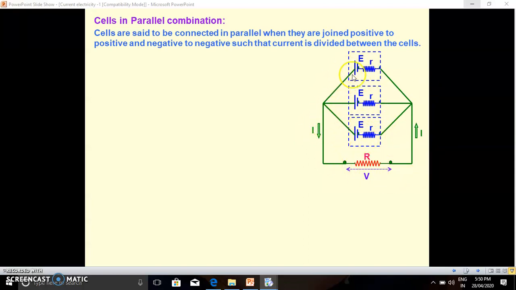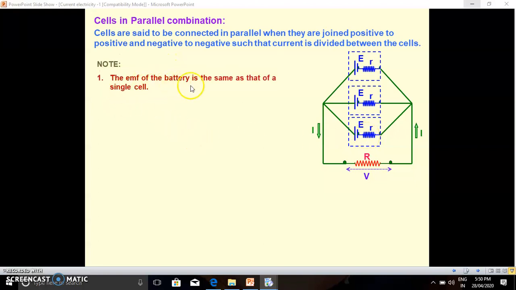But here, as they are connected in parallel, the potential difference across each resistance will be the same, that is V, as per the characteristics of parallel combination of resistances. But as they are connected in parallel, the cells follow different paths. Different path means the current across each cell is different, isn't it? So we'll see some characteristics of this figure.